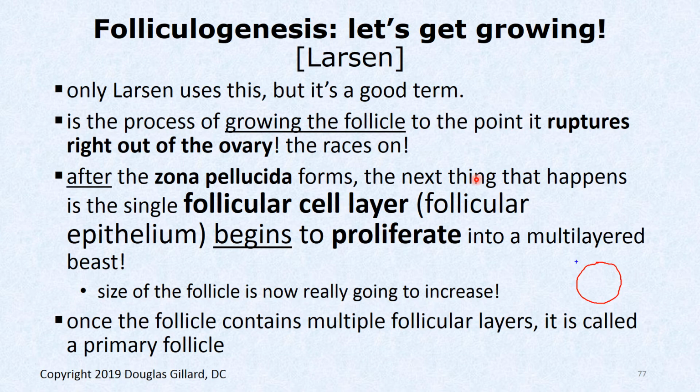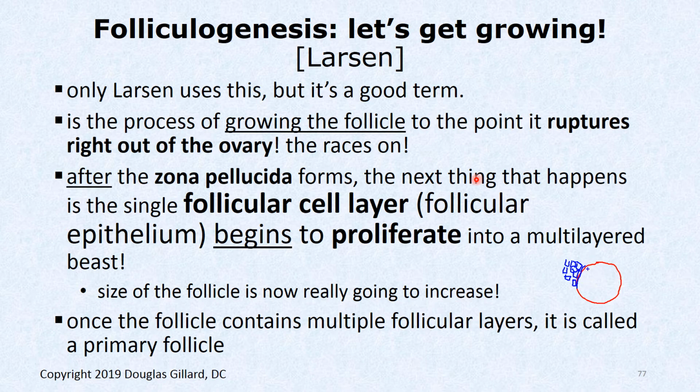Another example of why I don't draw. But we have this cuboidal layer, right? So I won't draw them all. Zona pellucida would be underneath here. But these guys are going to start multiplying through mitosis. And another one, and another one. And this layer is going to start getting thicker and thicker and thicker. And that is folliculogenesis. We're going to grow the follicle.